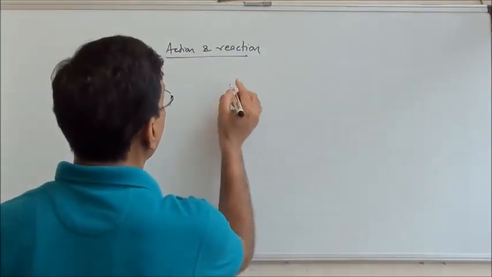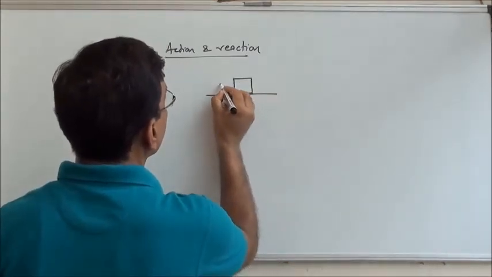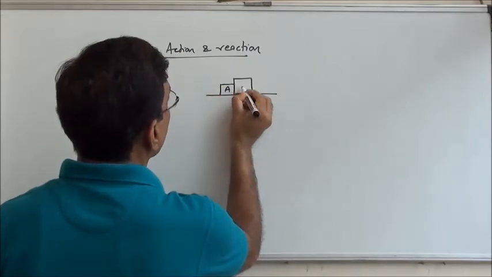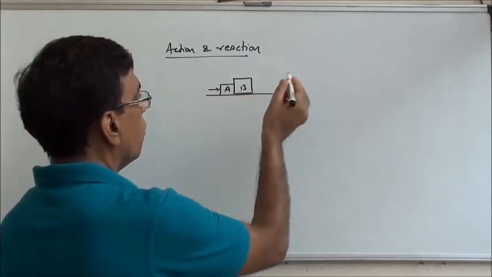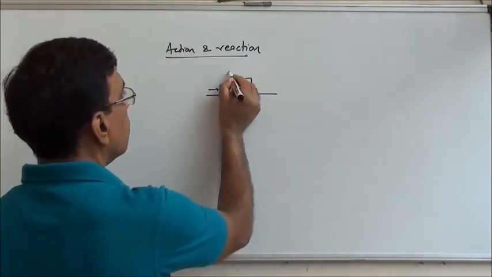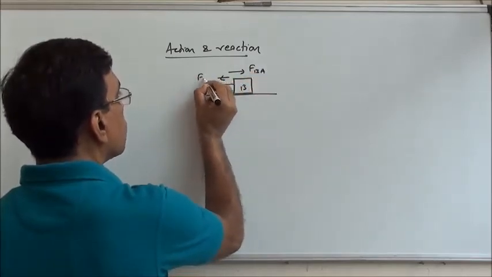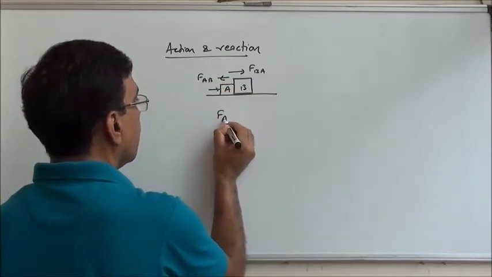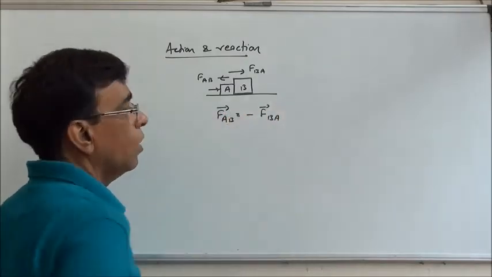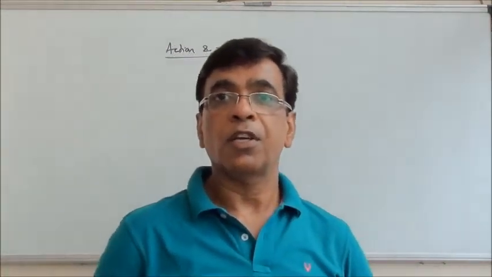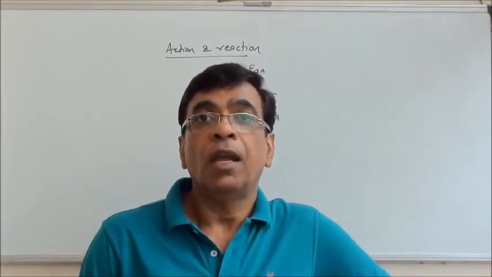So if a body A applies a force on body B, suppose A is pushing B, B will push back on A. So there will be a force on B due to A, and a force on A due to B, and I can write FAB is minus FBA. They are equal in magnitude, opposite in direction.